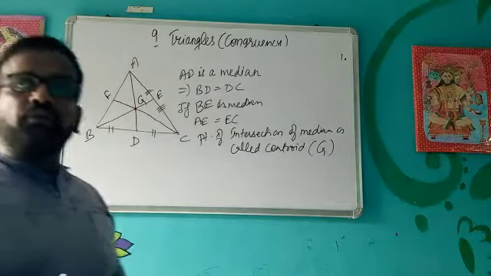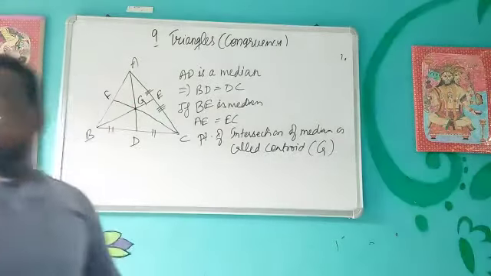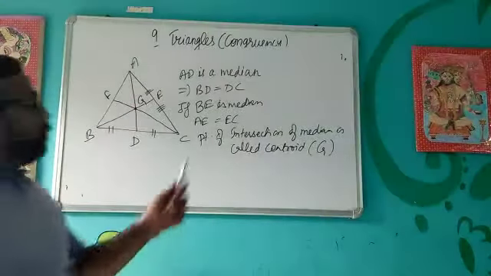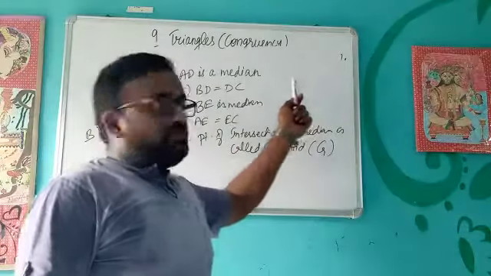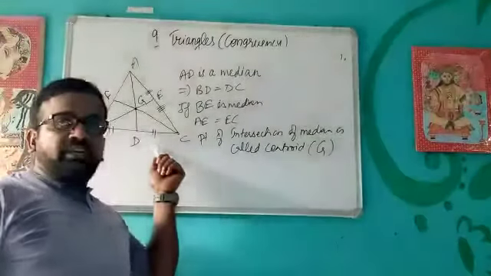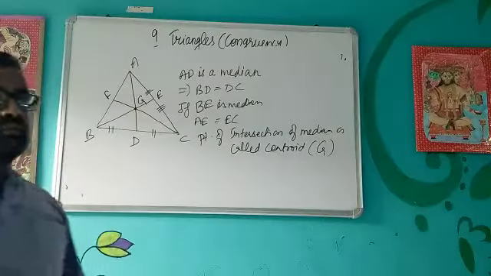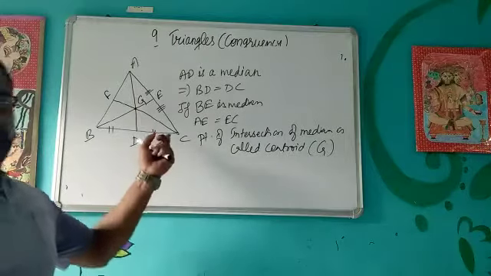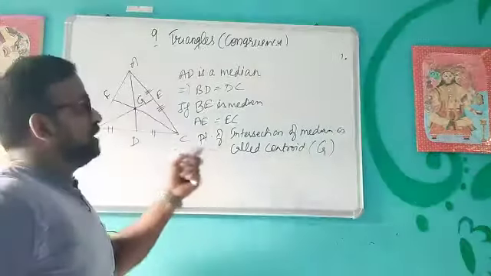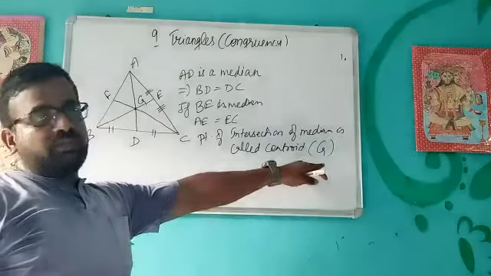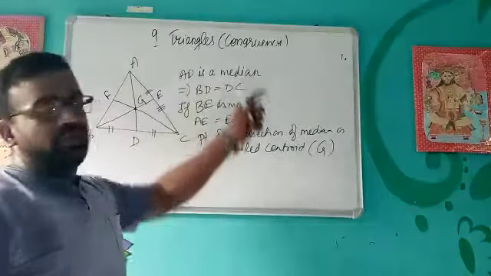That is the point of intersection of the medians. So a median is a line segment which always divides the opposite side into two equal parts. So this is known as the median. And the point of intersection of all the three medians of a triangle is known as the centroid. So remember this important term and this important property of the median.